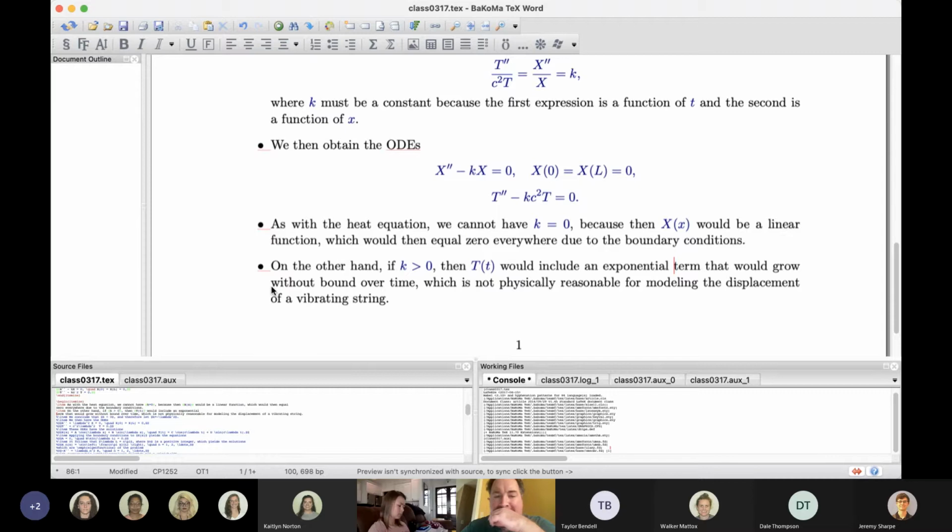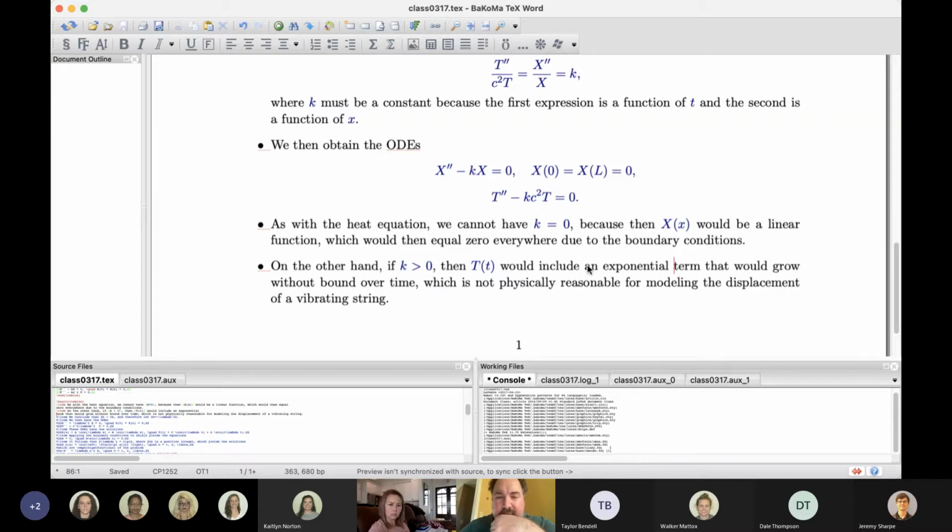If k is positive, what would happen in that case is we solve this ODE for capital T. The general solution of this ODE for positive k would be a combination of a growing exponential and a decaying exponential.